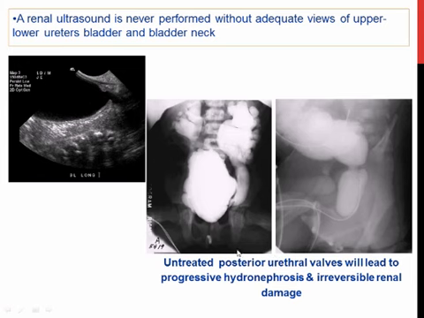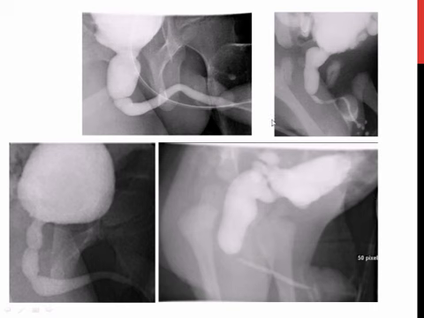micturating cystourethrogram to exclude posterior urethral valves, seen as a shelf-like filling defect between the dilated posterior urethra and the non-dilated anterior urethra. And remember that if your filling defect looks like a web, or if it's further located posteriorly at the middle of the posterior urethra, then this is anatomic variation.